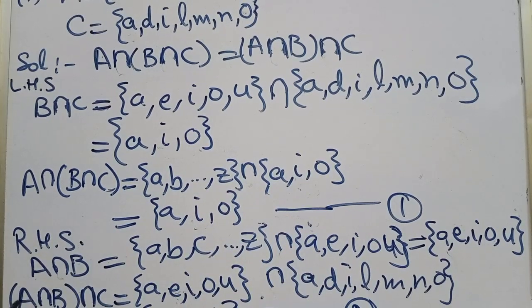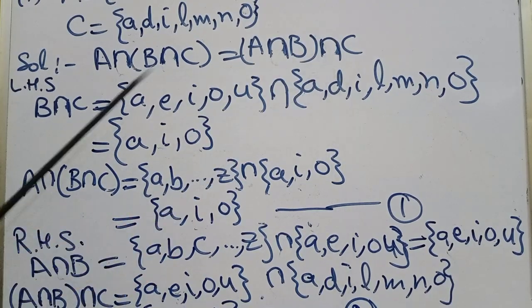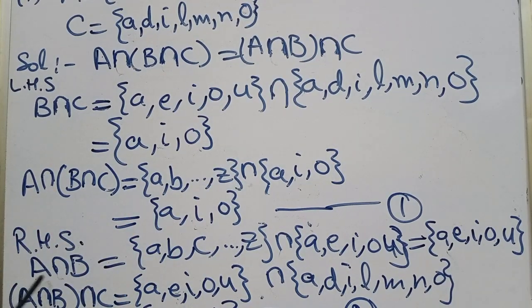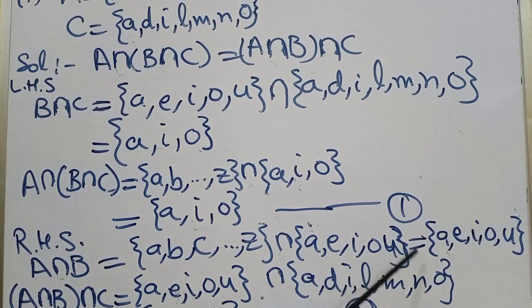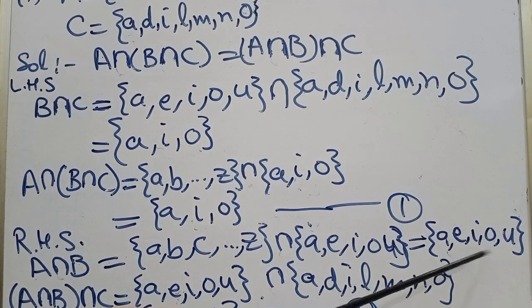Now the right hand side is (A intersection B) intersection C. First A intersection B: set A has elements A, B, C up to Z and set B has elements A, E, I, O, U, and their common elements are A, E, I, O, U. Now we take the intersection of this set with set C. (A intersection B) intersection C is equal to {A, E, I, O, U} intersection {A, D, I, L, M, N, O}.